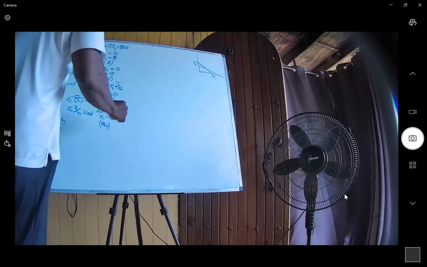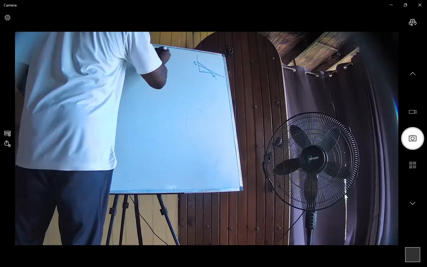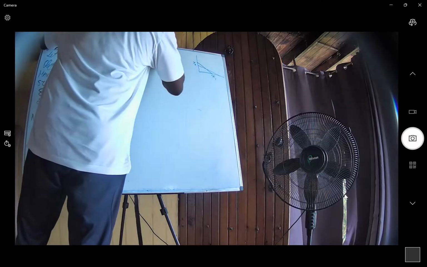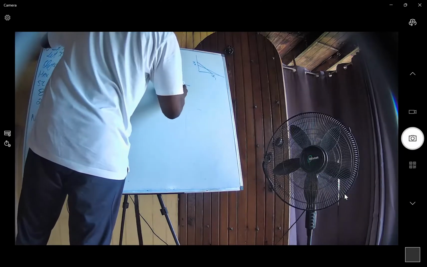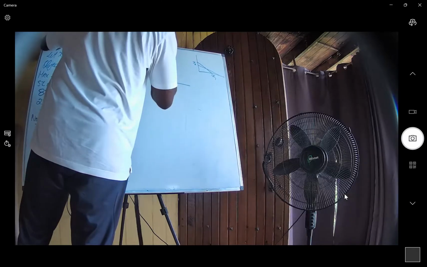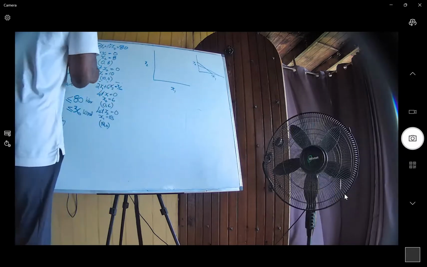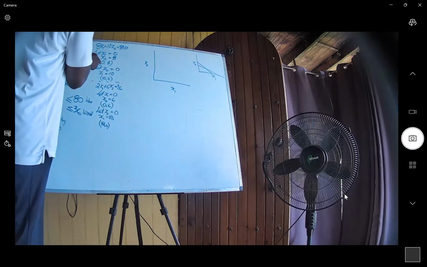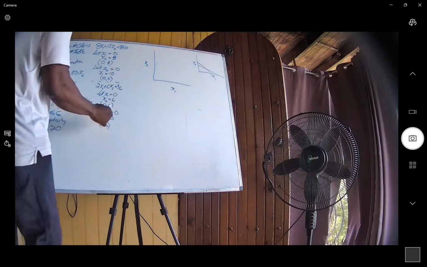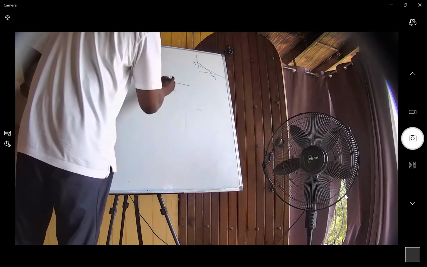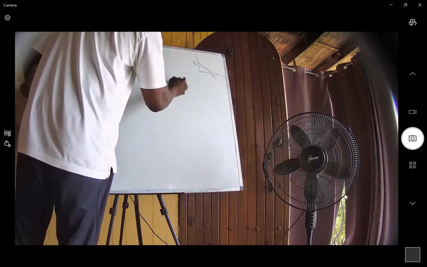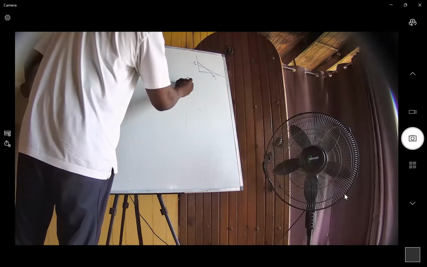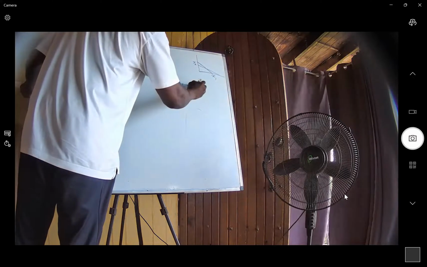Now we're ready to draw the graph. Let's see. x1, x2. So again, what's the largest x1? 10, 18. So we can say 2, 4, 6, 8, 10, 12, 14, 16, 18.